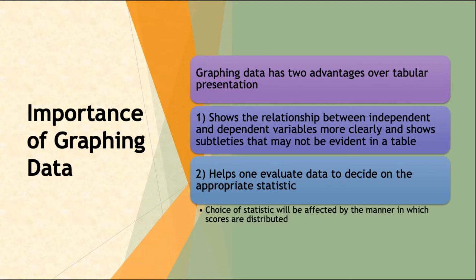Second, choosing an appropriate statistic. In addition to making it easier to see relationships in your data, graphs allow you to evaluate your data for the application of an appropriate statistic. Before you apply any statistic to your data, graph your sample distributions and examine their shapes. Your choice of statistic will be affected by the manner in which scores are distributed.